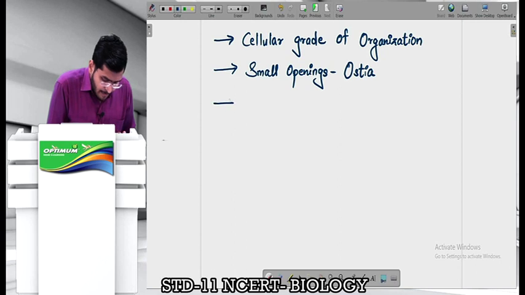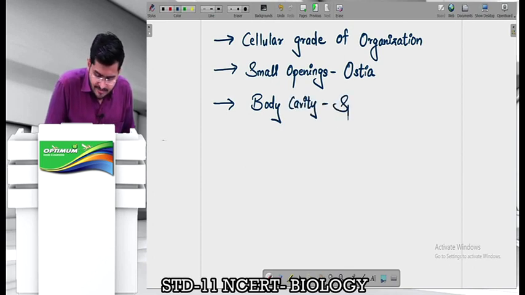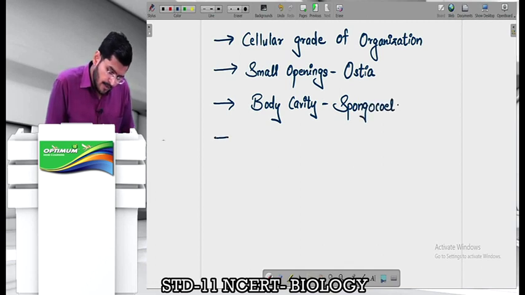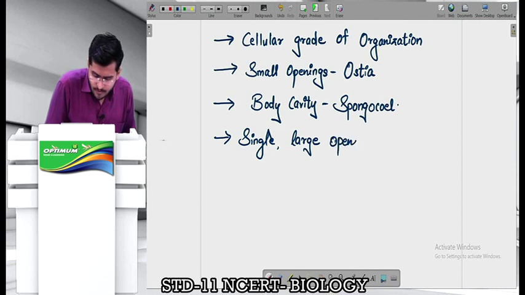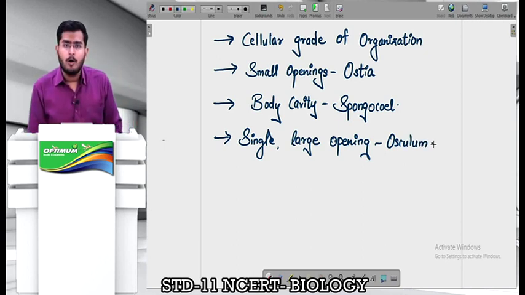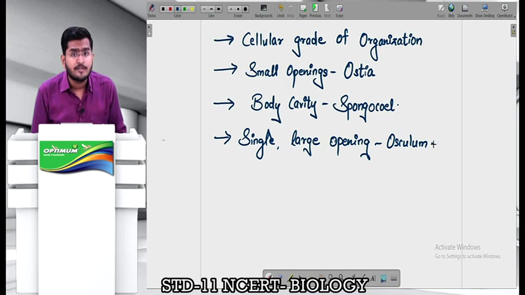And let me tell you, their body cavity is called spongocele. Because it's the body cavity of sponges, it is referred to as spongocele. Okay, they have a single large opening which is called the osculum. This is the one big opening at the top of the organism, which we call osculum.